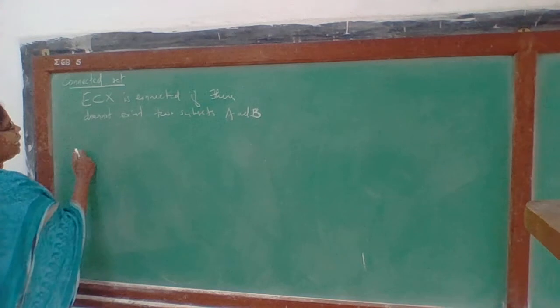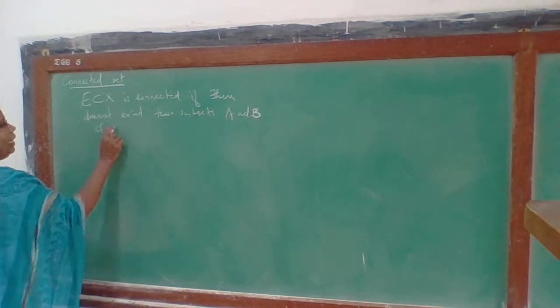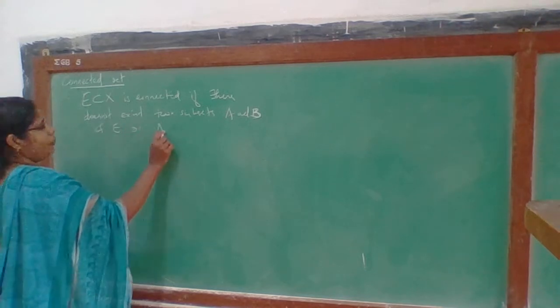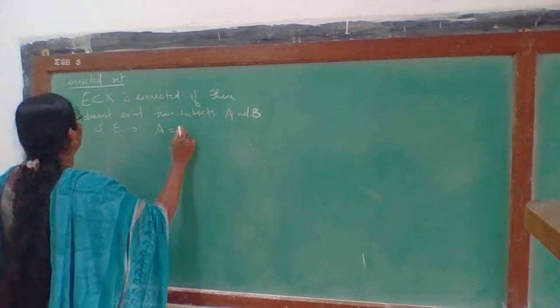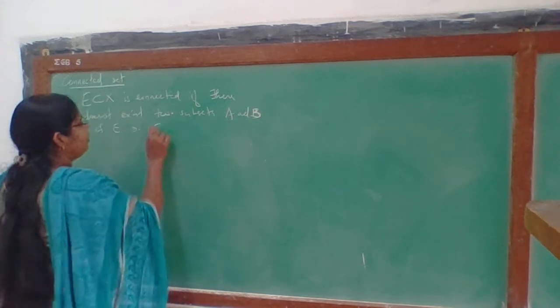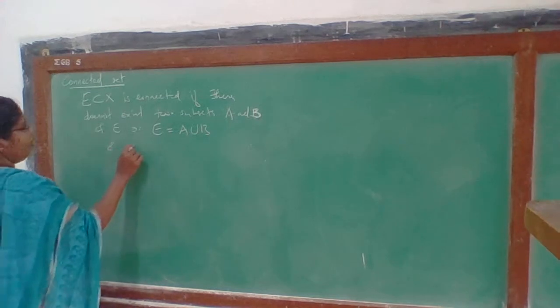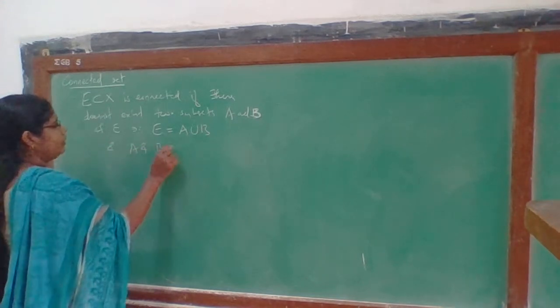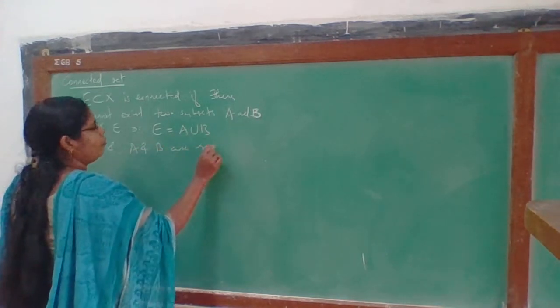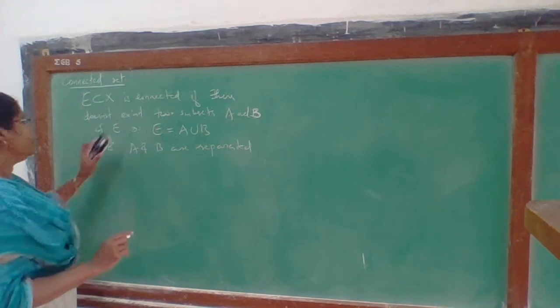There does not exist two subsets A and B of E such that E is equal to A union B, and A and B are separated.